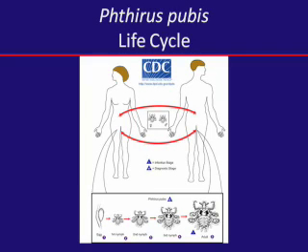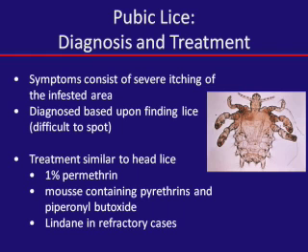Again, the life cycle is essentially the same as what you would have for the head lice, and the treatments are very similar. The symptoms will consist of severe itching. They're fairly difficult to spot, but diagnosis is going to be based upon actually seeing the lice in the pubic area. 1% permethrin or a mousse containing the pyrethrin and piperonyl butoxide.